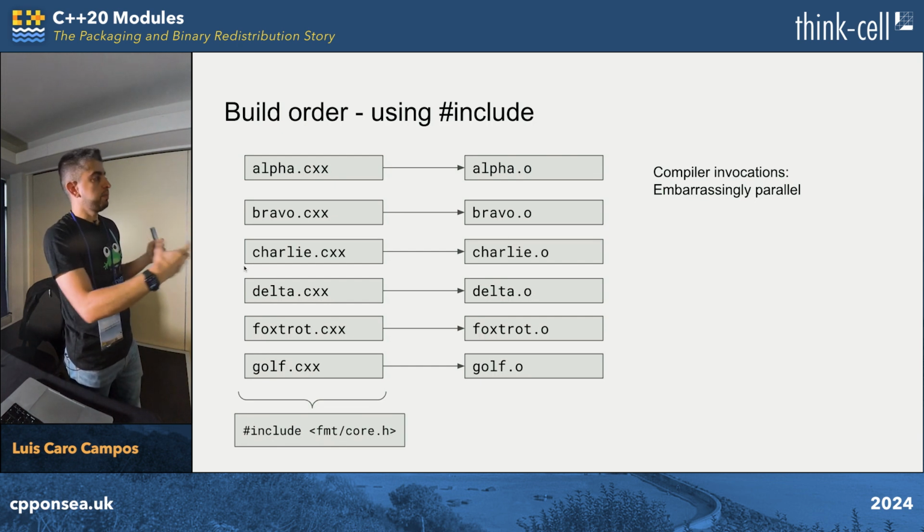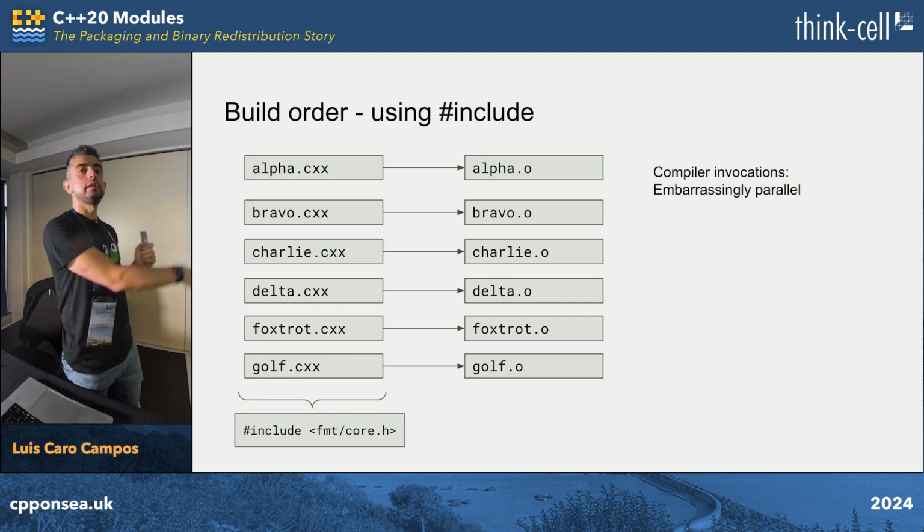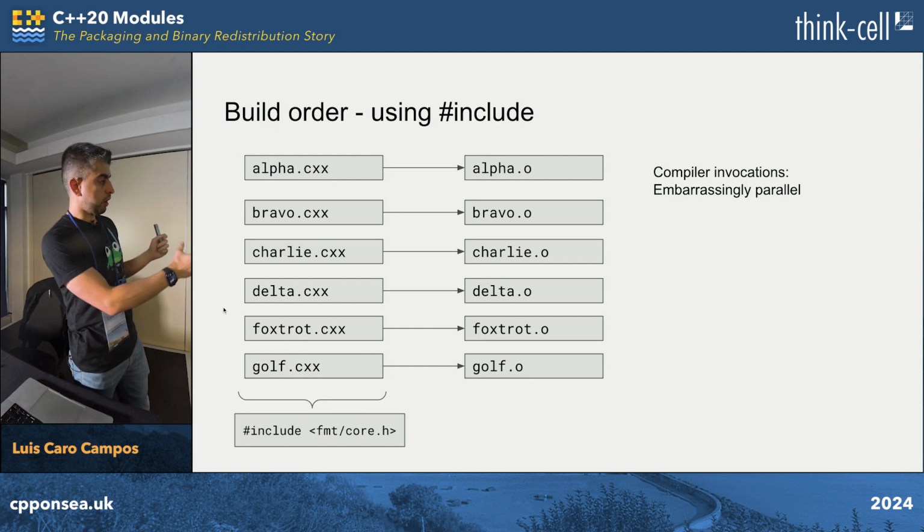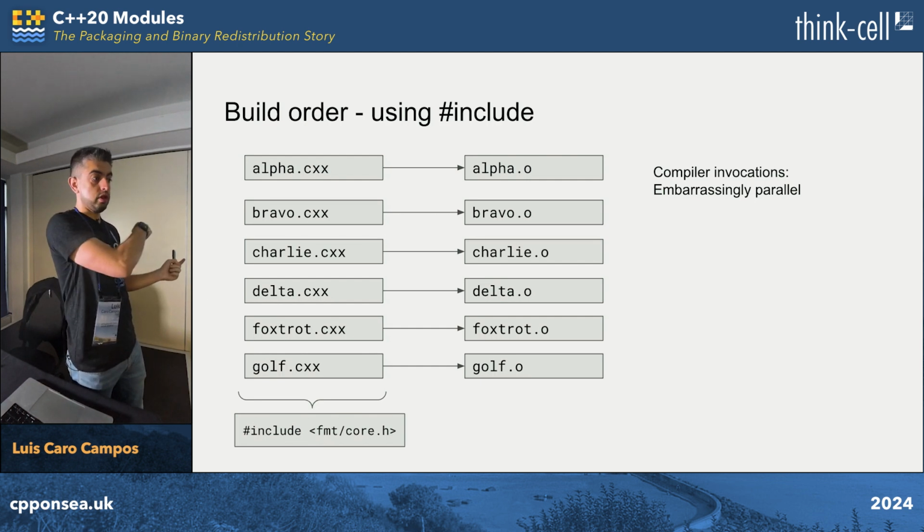What typically happens in a build system like CMake is that all of these could be compiled in parallel. We can have parallel invocations to the compiler, with the downside that if you are including fmt/core.h, which as I showed in one of the first few slides was actually 350,000 lines of code, the compiler is parsing the same file over and over and over again, right?